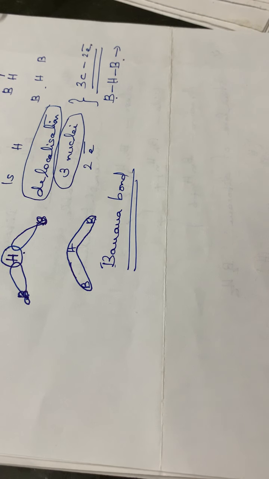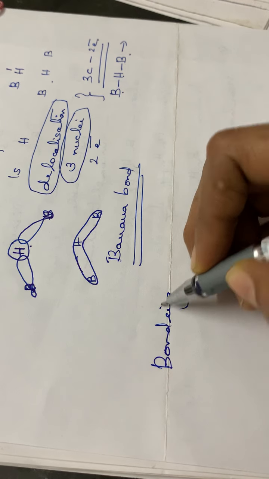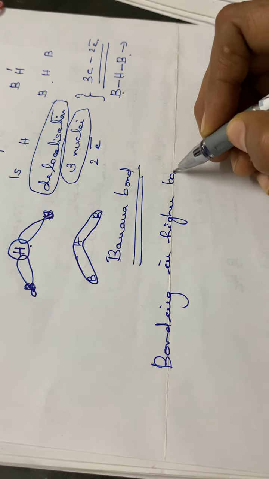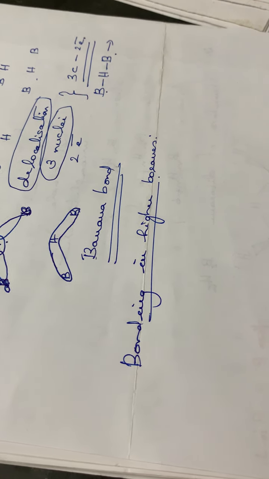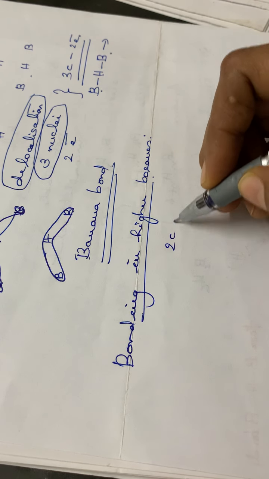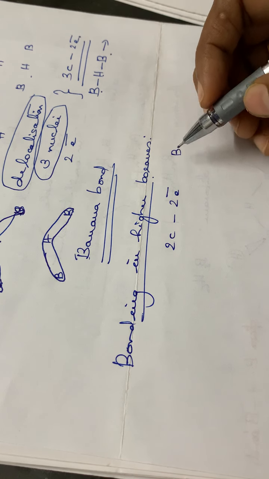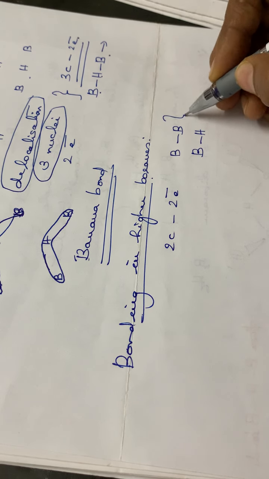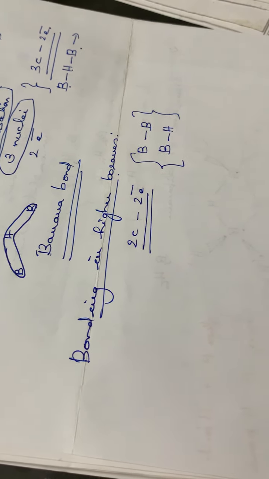Then the next is bonding in higher boranes. Normally these boranes will have 2 center 2 electron bonds. That can be BB bonds or BH bonds, which contribute to the 2 center 2 electron bonds.